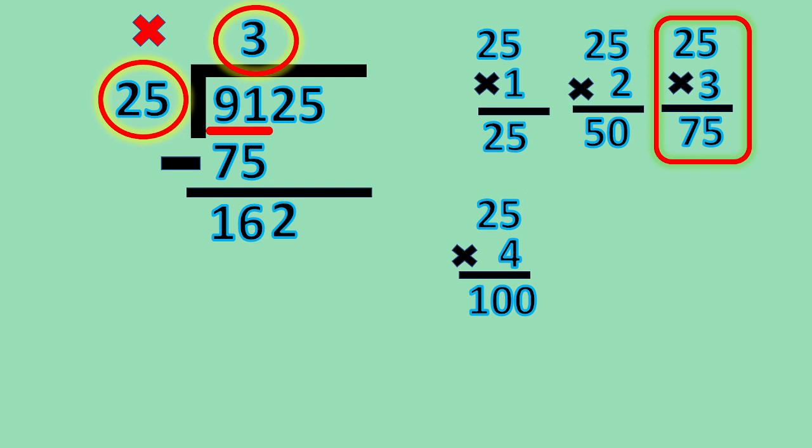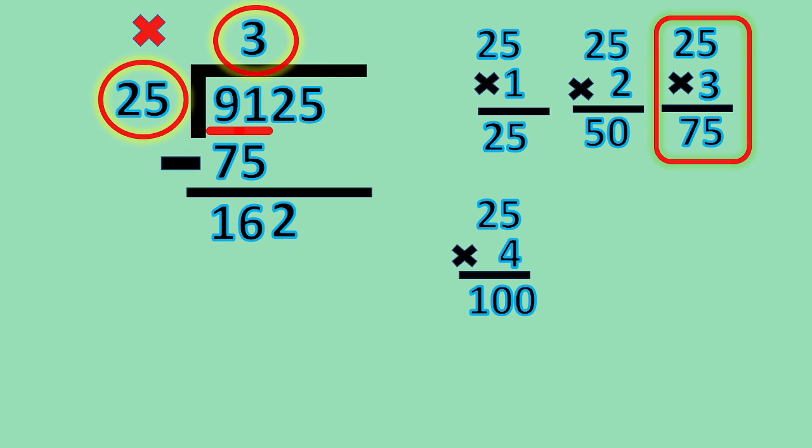Then, find how many times 25 will it take to 162, or we need to take the number that is closest to 162 without going over. We have here 25 times 1 is equal to 25, 25 times 2 is equal to 50, 25 times 3 is equal to 75, and 25 times 4 is equal to 100.